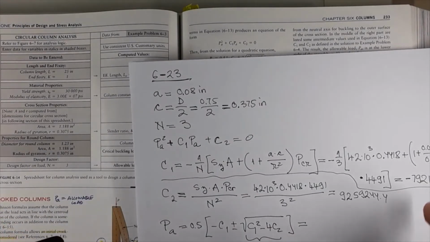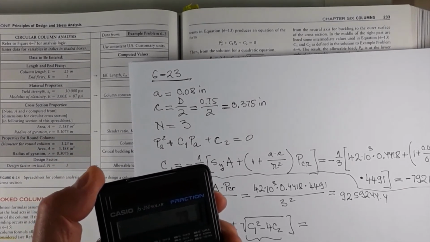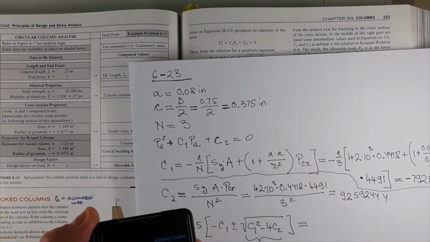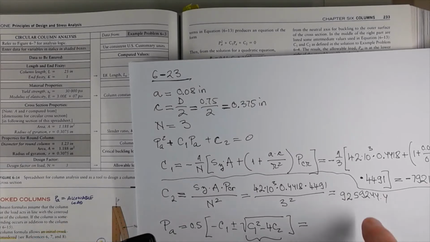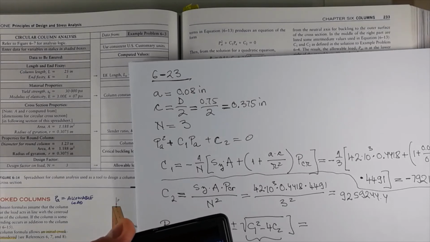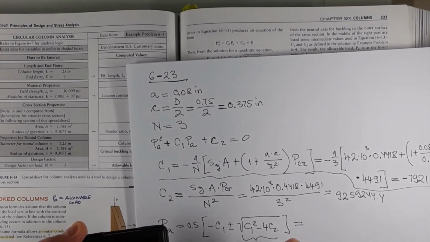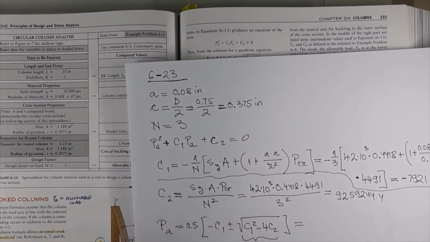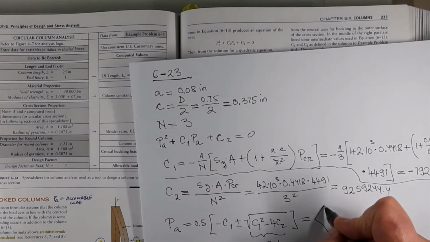I have C1, 7921.7, negative doesn't matter because it's squared, minus 4 times 9259244.4 equals, take the square root, so this is 5071.1.